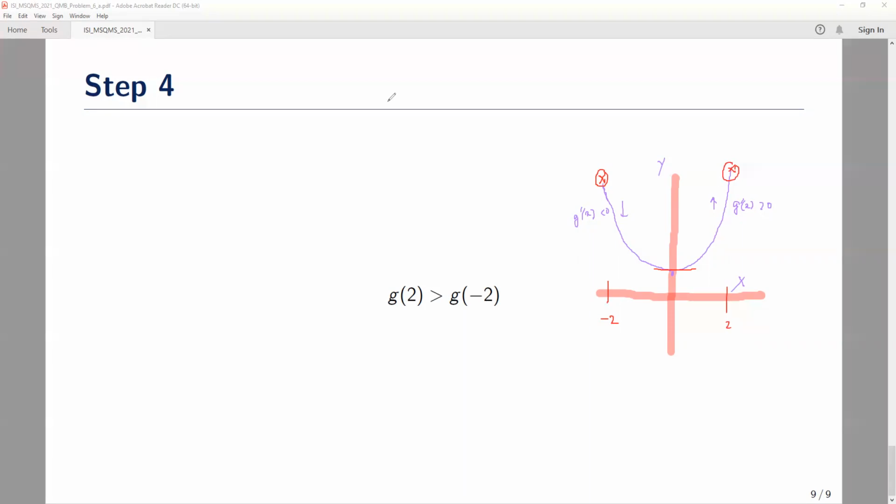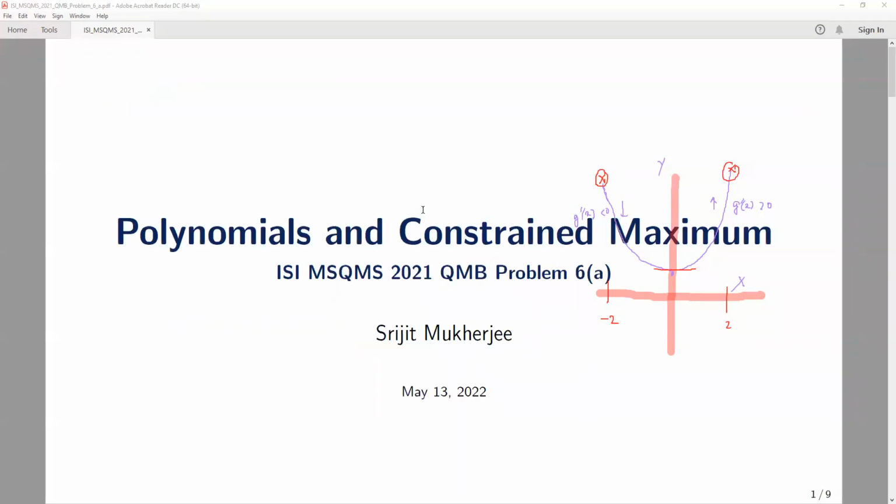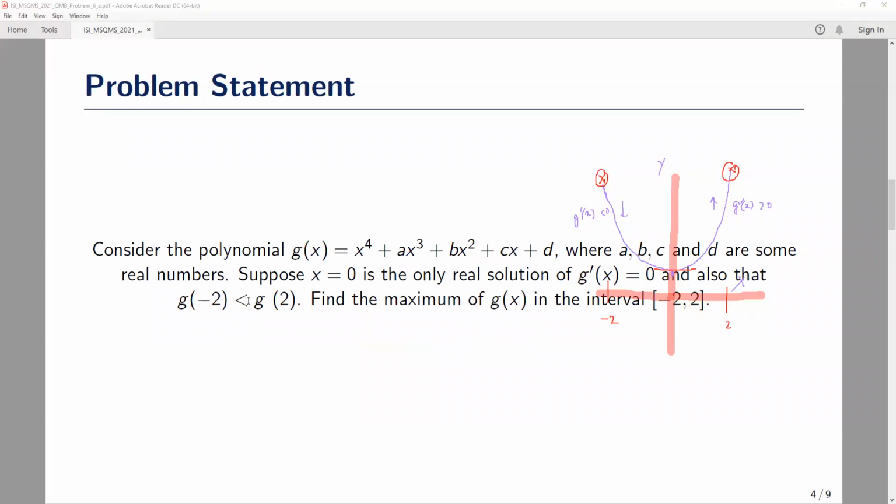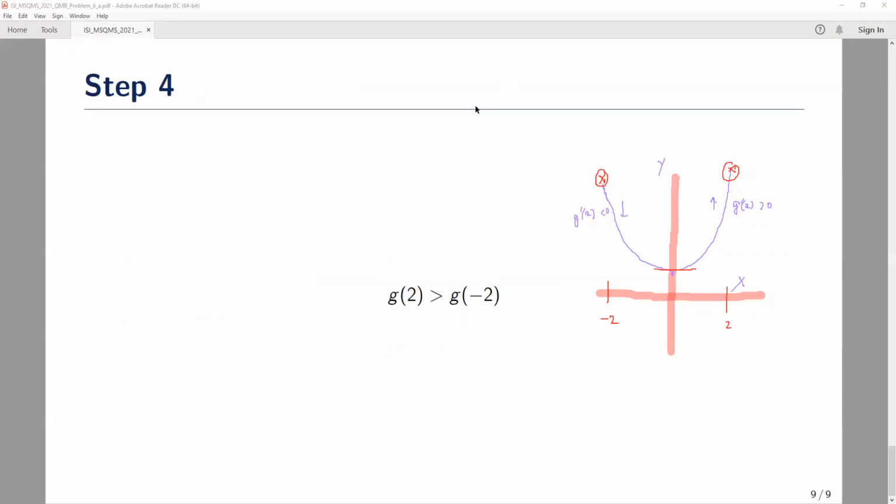And from the given information about the problem, you can see that g of 2 is greater than g of -2. So g of 2 is the maximum in between -2 and 2. It's a constant maximization problem. So g of 2 is the maximum value.